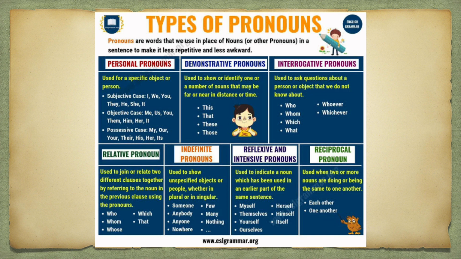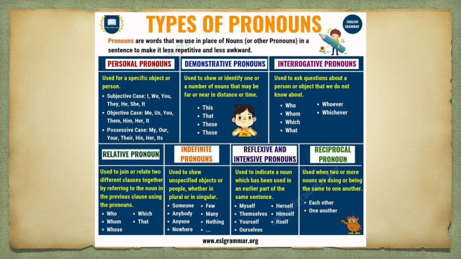For animals and things, we use which or that. For example, a relative pronoun for people would be the teacher who lost her keys found them in the car. You will see there that the relative pronoun who comes after the teacher that it relates to.